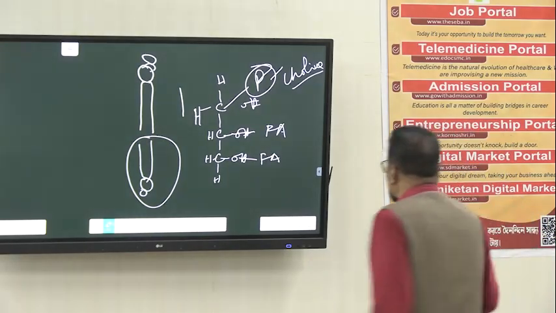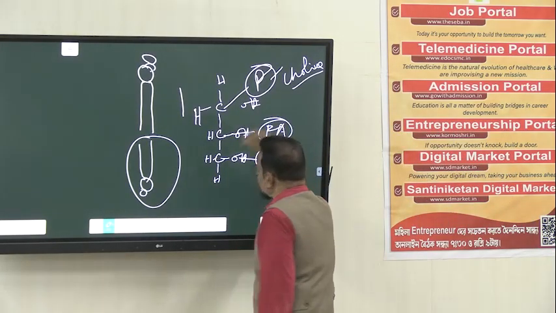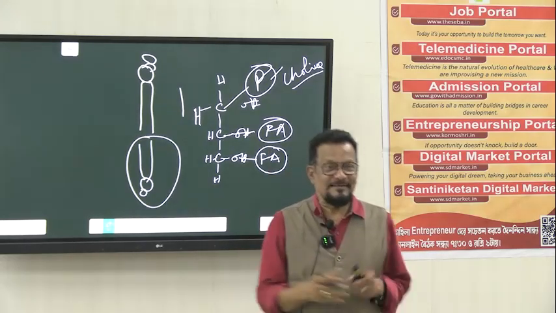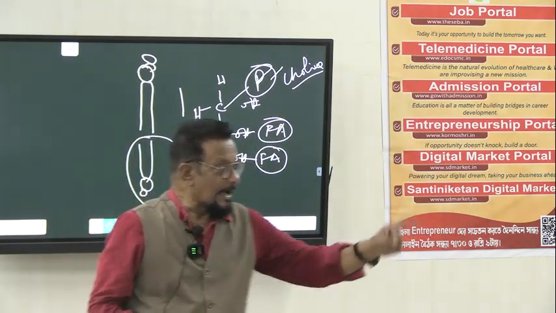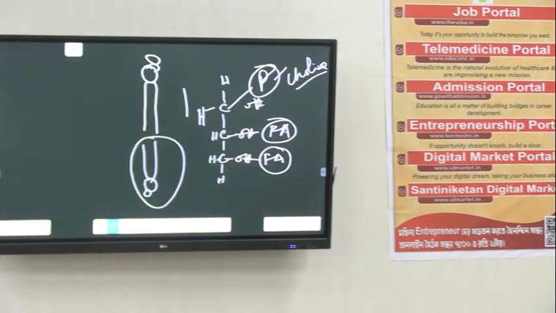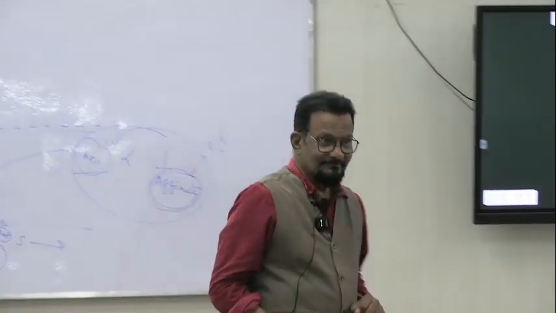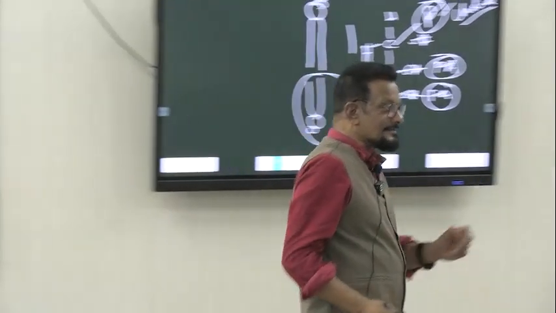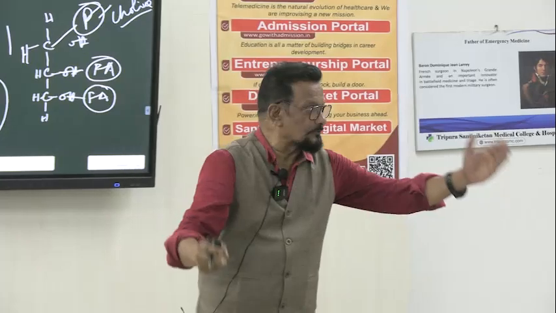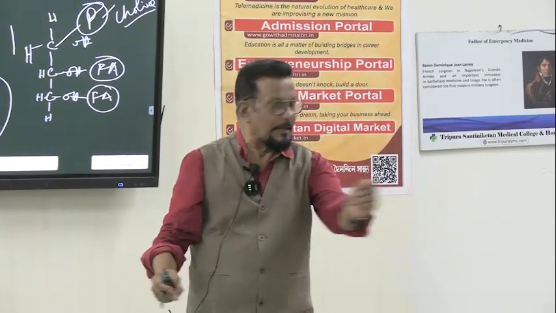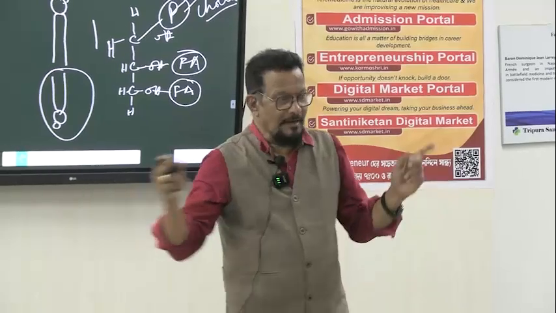Now see, these fatty acids, we know fatty acids are of different kinds. Some are long chain fatty acids, meaning the number of carbon atoms is much more. And some are short chain fatty acids, whose length is less because there is a smaller number of carbons.